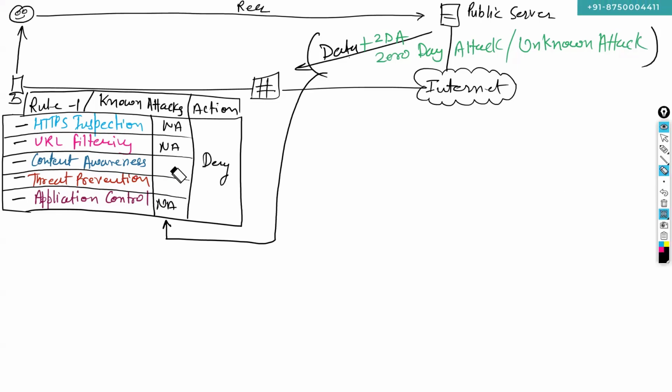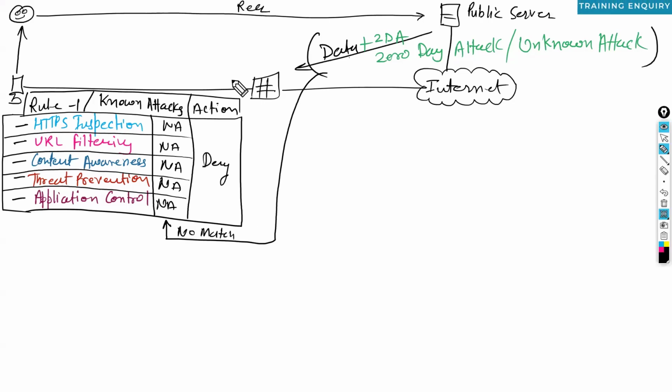When data is coming with an unknown attack, the firewall will try to match that attack information. It is not matching with content awareness, it is not matching with threat prevention, it is not matching with application control. For traffic which contains a 0-day attack or unknown attack, you can see here no match.